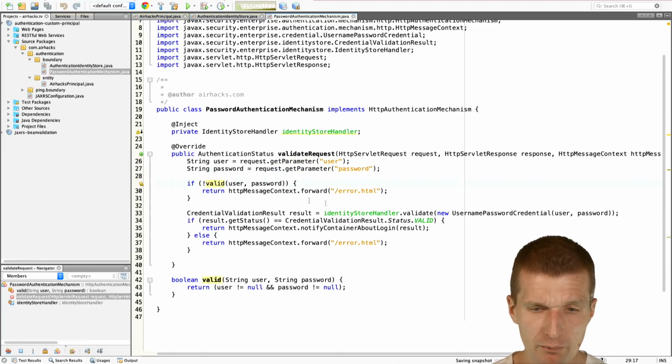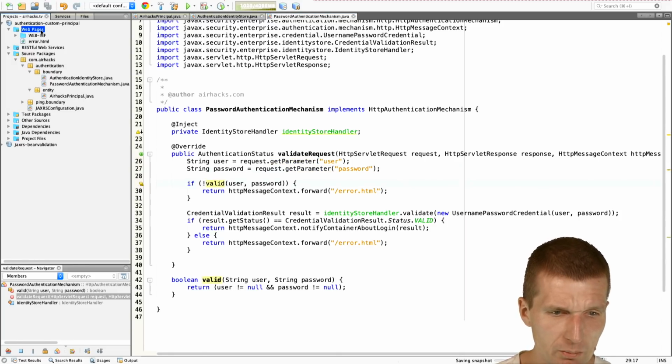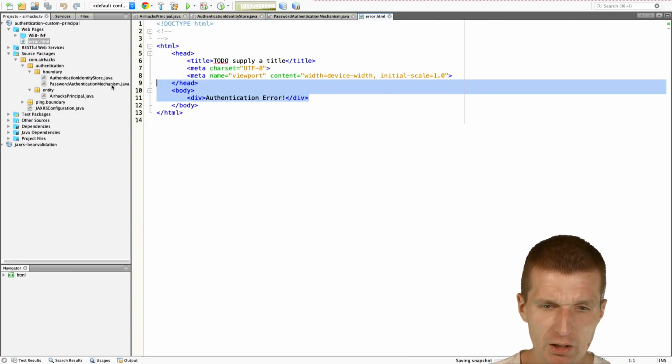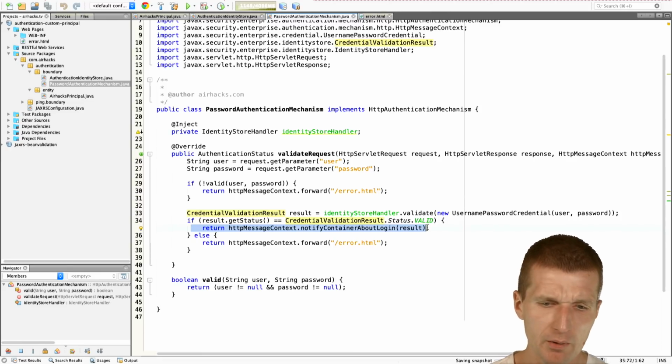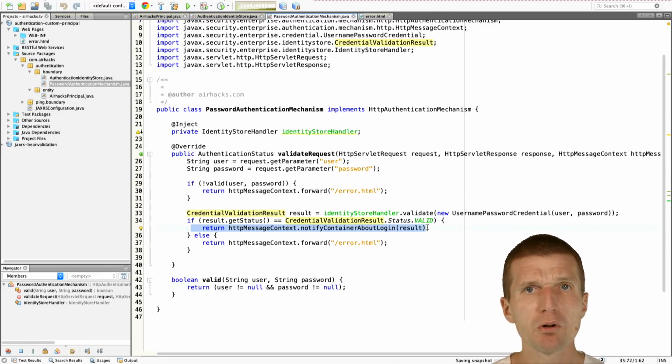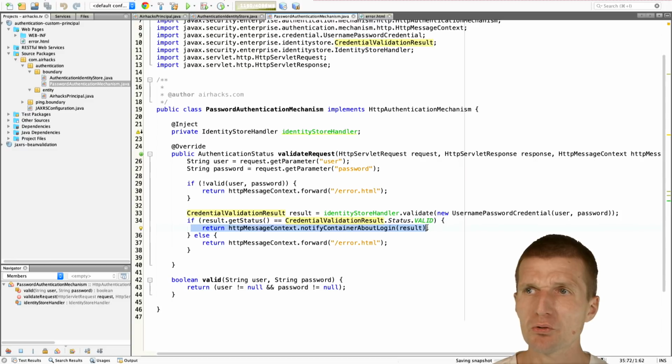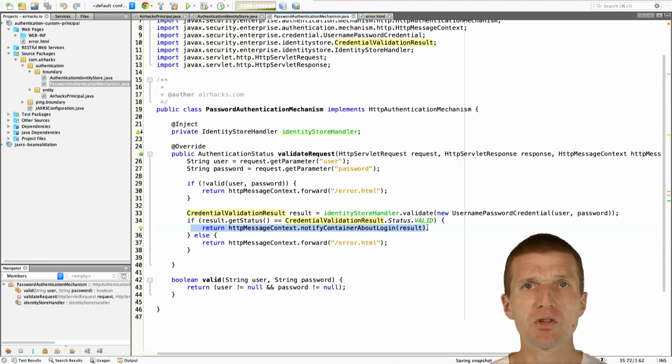If they are not valid, I forward to error.html, and the error.html is like an exciting page: authentication error. Otherwise, I say return notify container about login. I'm authenticated. And this example you will also find on GitHub if you search for Soteria or JSR 375 example.